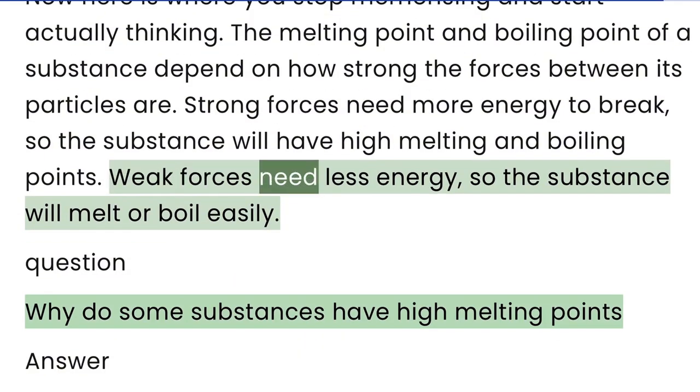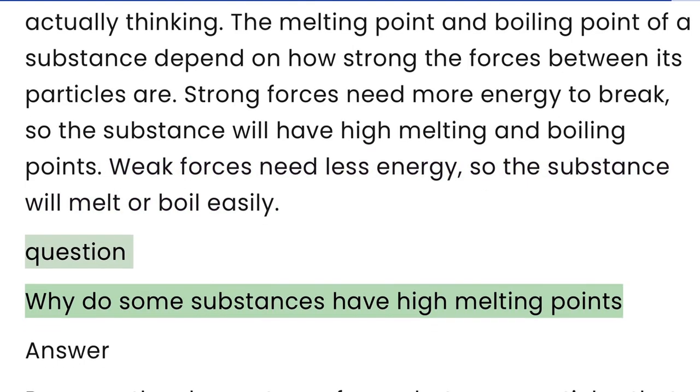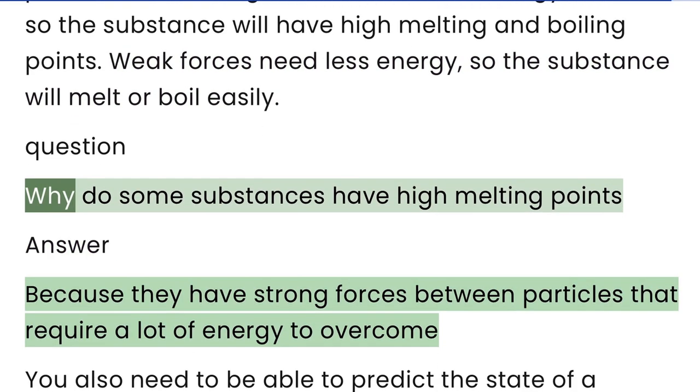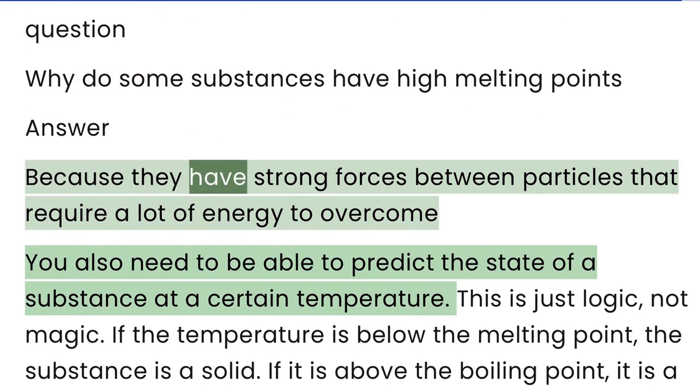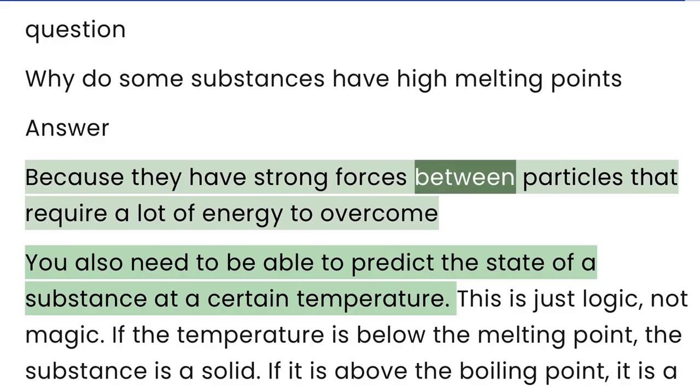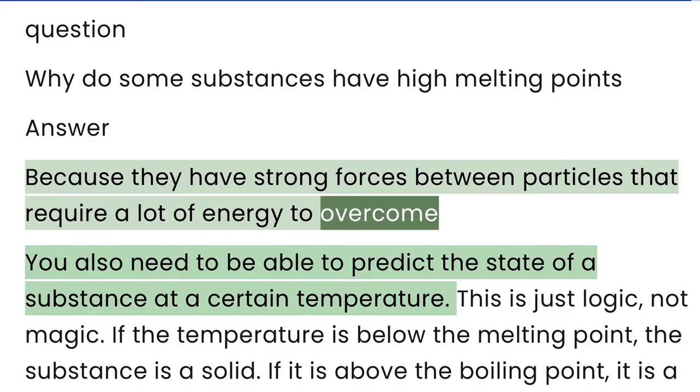Weak forces need less energy, so the substance will melt or boil easily. Question: why do some substances have high melting points? Because they have strong forces between particles that require a lot of energy to overcome.